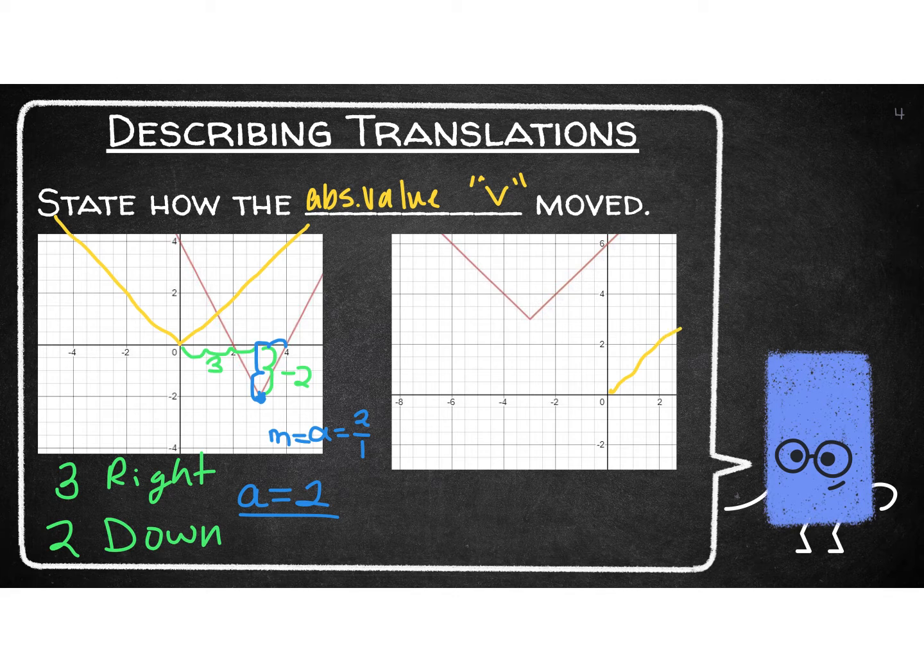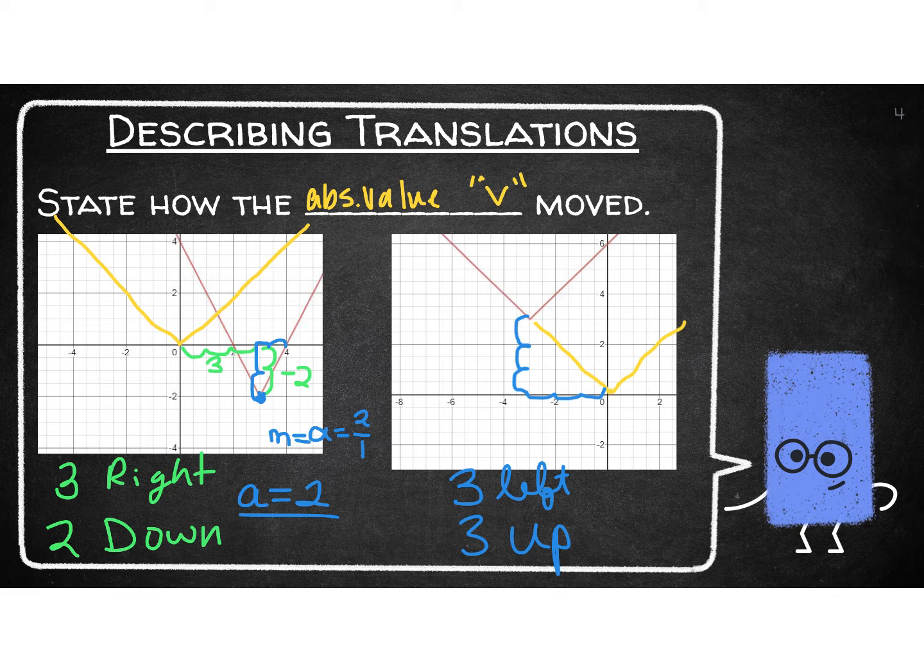All right, and then for this next one, you can go back and sketch out my original, starting at the origin, going up 1 over 1, and that yellow there is my original function. I want to figure out, how did I move to get to that new function? Well, it looks to me like I went over 1, 2, 3 to the left, and 1, 2, 3 up.